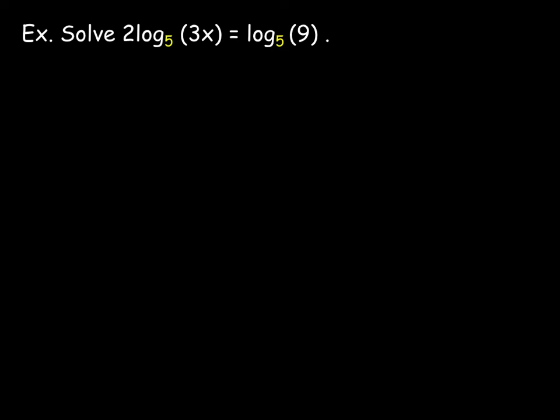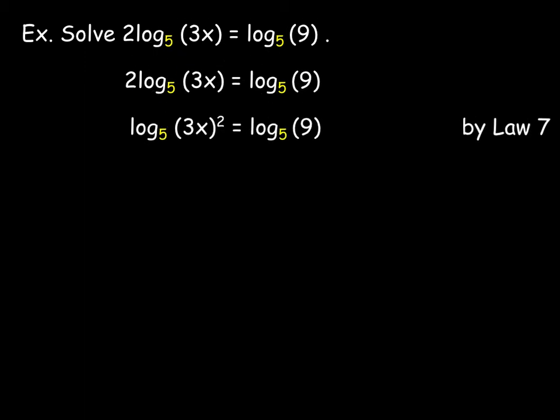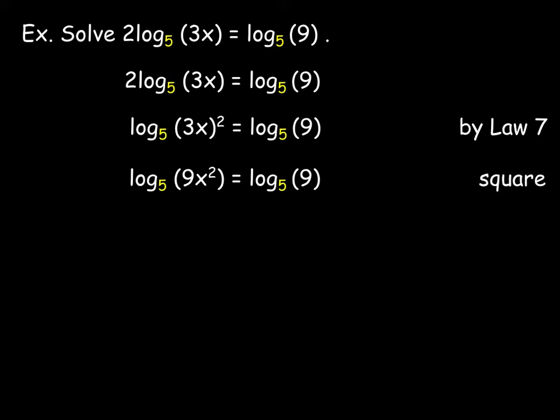Example, solve 2 times the log base 5 of 3x equals the log base 5 of 9. We begin by applying law number 7 to rewrite the coefficient as an exponent. And we have log base 5 of 3x squared equals the log base 5 of 9. Simplifying or squaring, we have the log base 5 of 9x squared equals the log base 5 of 9.